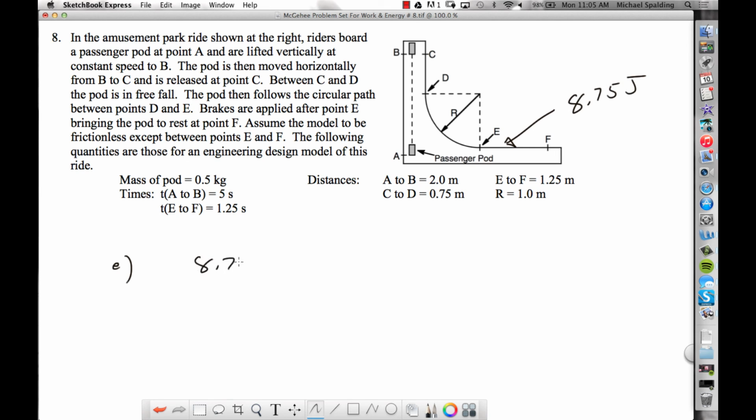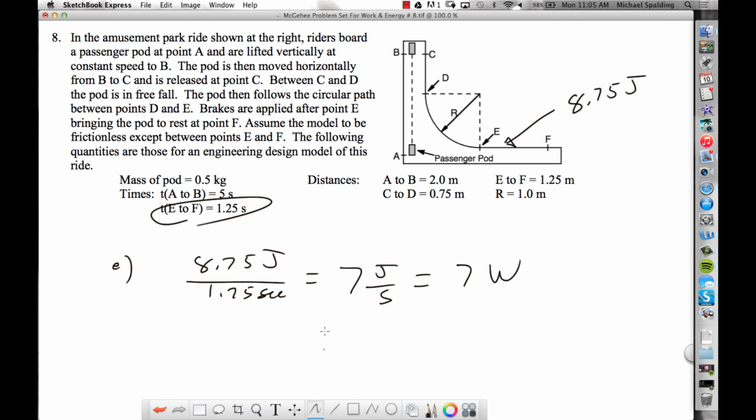So we have 8.75 joules of energy being converted to heat in how much time? In 1.25 seconds. So this comes out as 7 joules per second, which is 7 watts. So like, look, this is 7 joules of kinetic energy converted to heat per second. 7 watts.